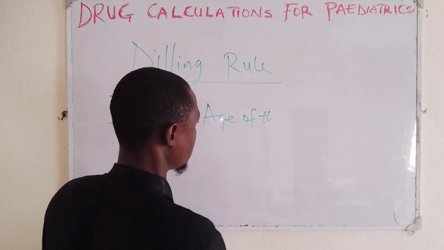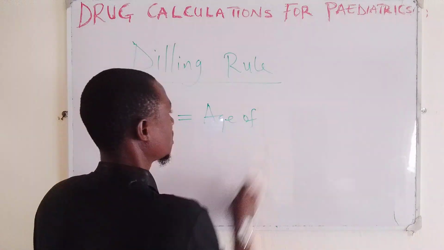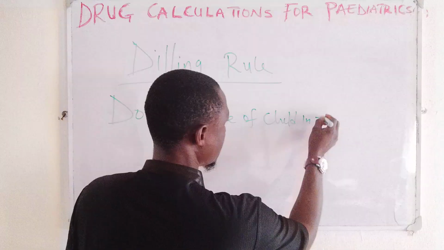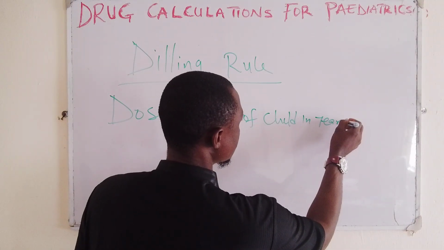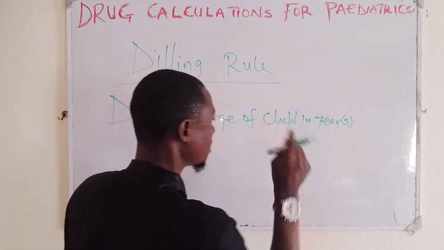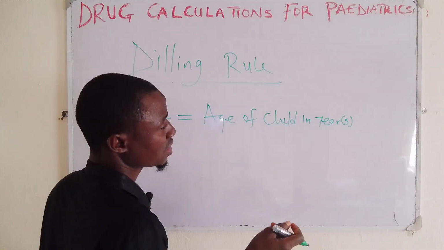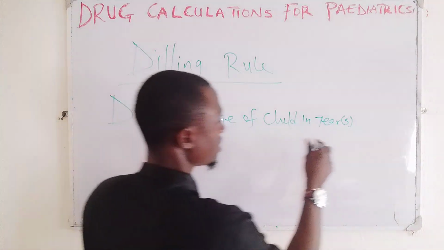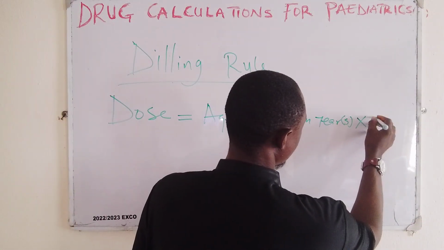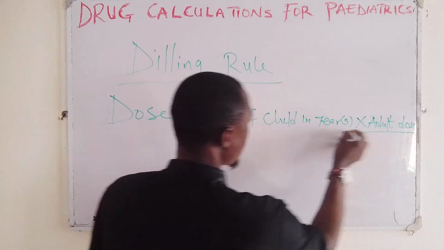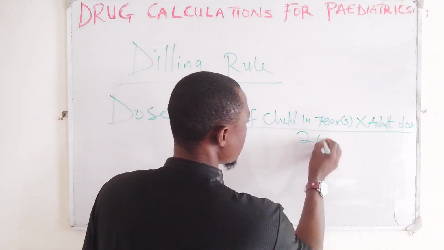That is age of child, of course, in year or years. If the child is 1 year, then it stays as year. If the child is more than 1, of course, it becomes years. Age of child in years multiplied by the adult dose over 20.